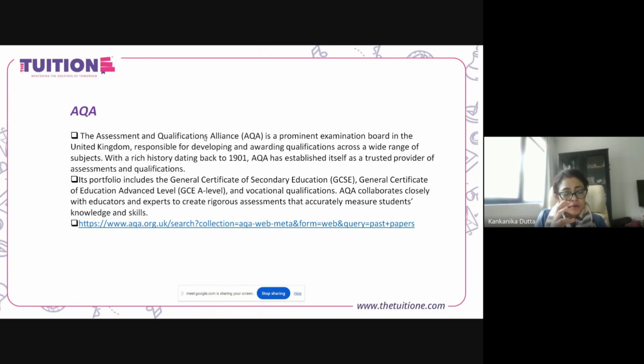The subjects that are offered in Edexcel are comparable to the subjects offered in AQA. It covers a diverse spectrum of subjects, including traditional academic disciplines, practical and vocational subjects. It's maths, English, bio, literature, everything is there.